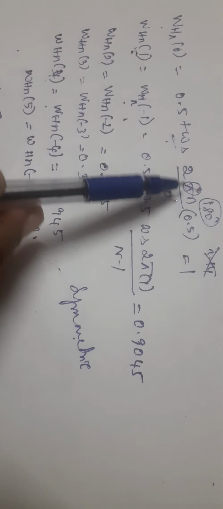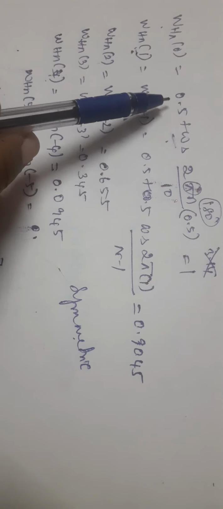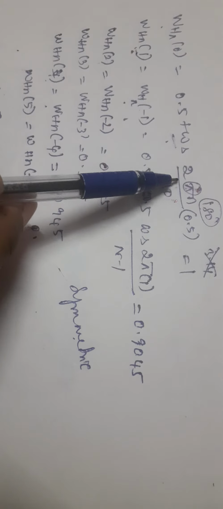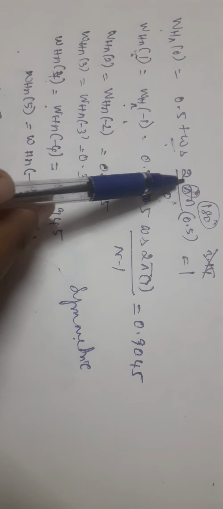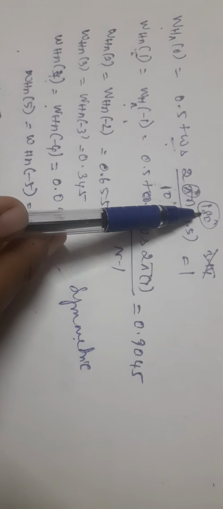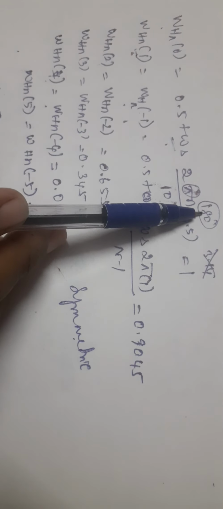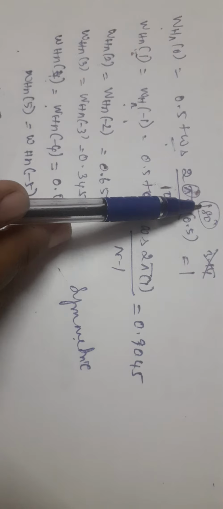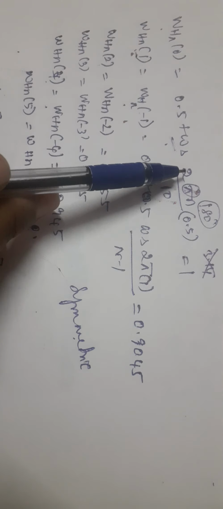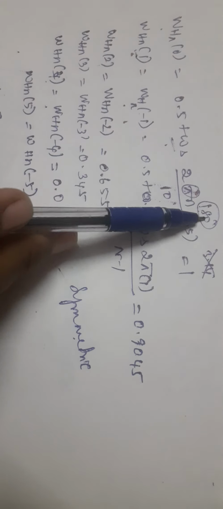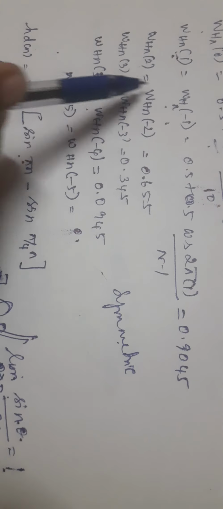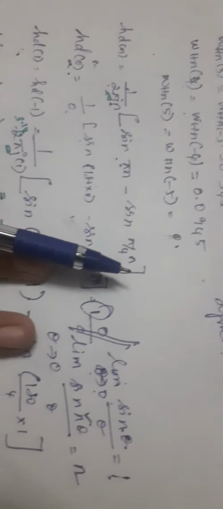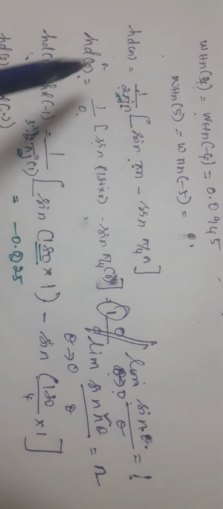In this formula, 0.5 plus 0.5 cos of 2 pi n divided by n minus 1, you have to substitute 180 instead of pi. This is very important. Sometimes you may substitute 3.14. Don't substitute 3.14 here. In cos of 2 pi, instead of pi it is 180, into n divided by 10. So find all those w values, and you have to find hd of n values.